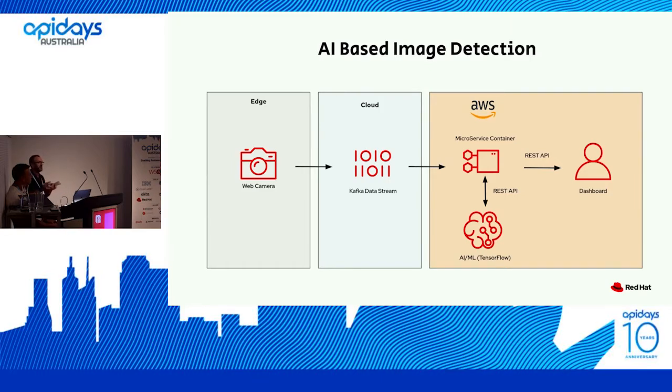For each one, it's going to ask the AI model what's in that, and then it's going to write those out to object storage, and then it's going to be interpreted by a dashboard on the right that's going to report in real time. And to make that connection between the edge and AWS, we're going to use Kafka, and we'll explain why we made that choice shortly.